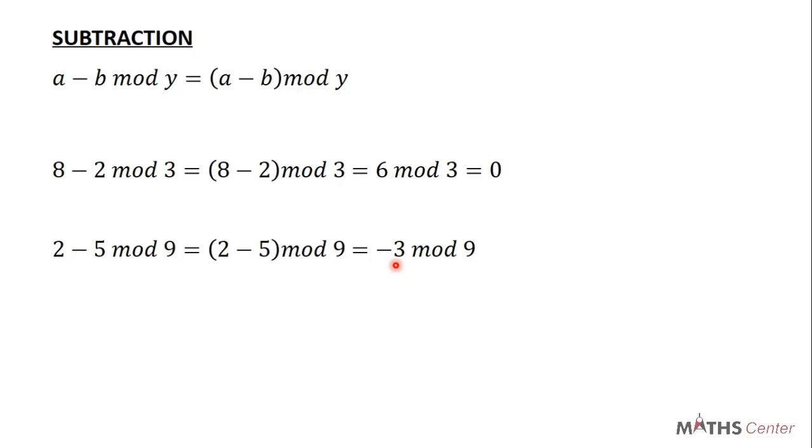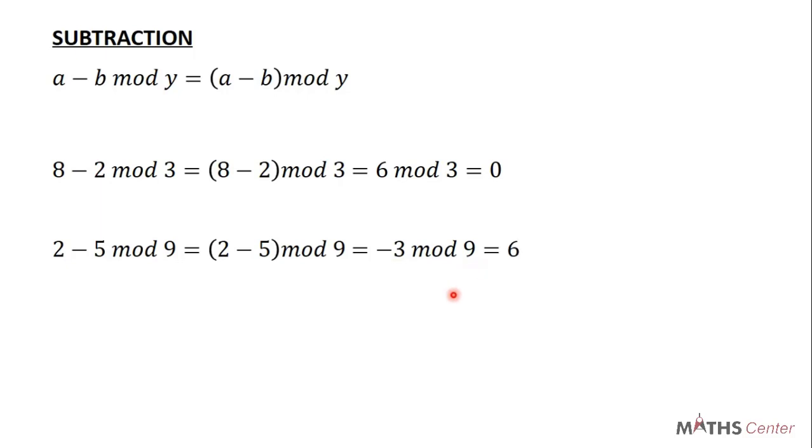We learnt in the previous video that to find the value of a negative number in a given modulus, you add the modulus to the number until you get a positive number. So here, to find the value of negative 3 in mod 9, you add 9 to negative 3. Negative 3 plus 9 will give us 6. 6 is a positive number, so the value of negative 3 in mod 9 is 6.